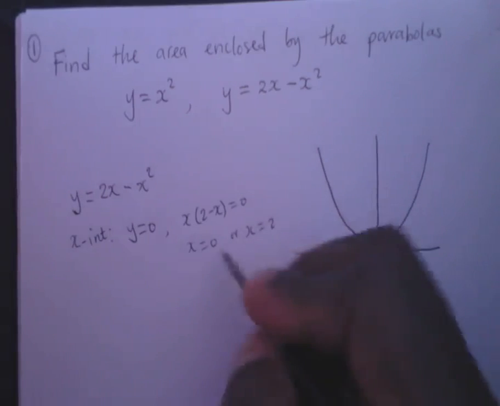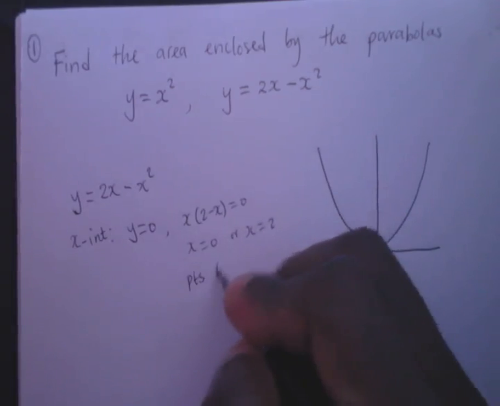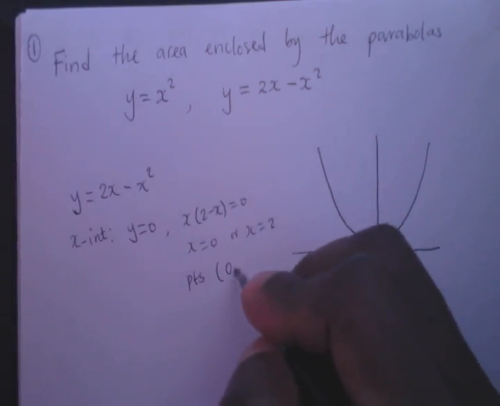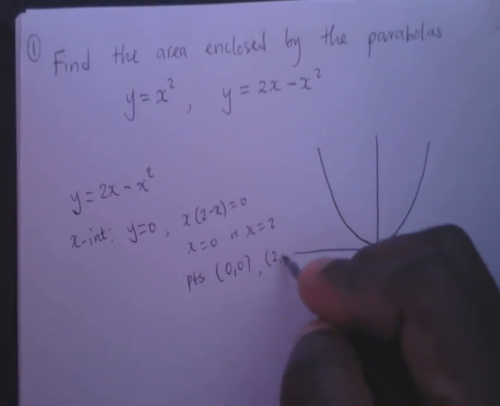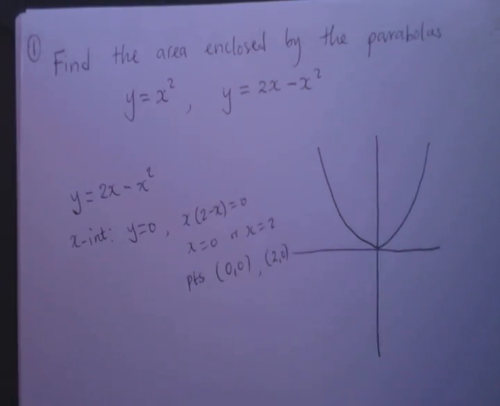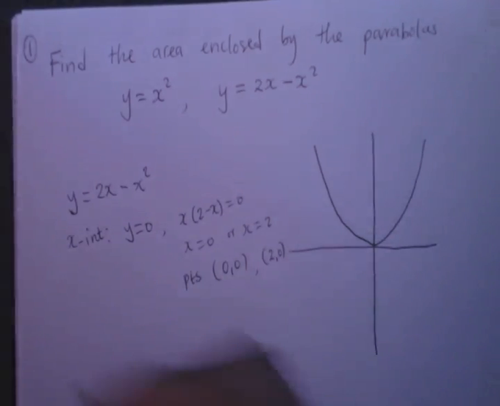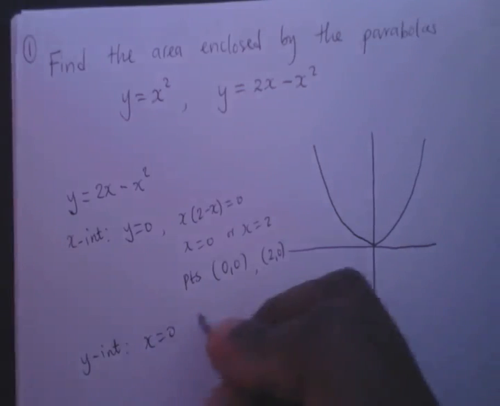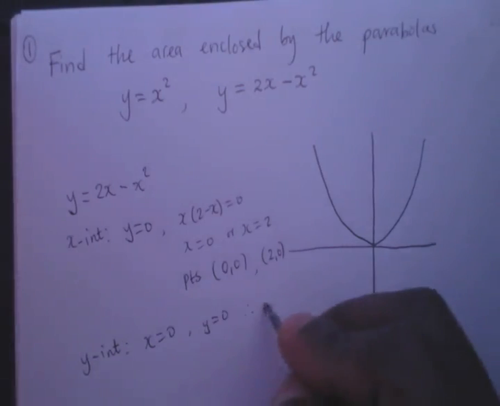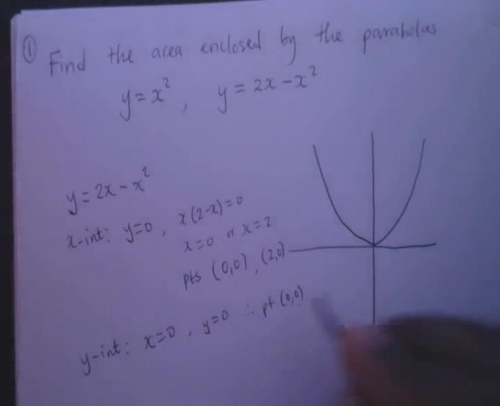Alright, and the points that you're going to get are (0, 0) and (2, 0). Those are the two points. And if you do the y-intercept, it means set x equals 0. If you set x to 0, obviously y is just going to be 0. Therefore, the point is just the origin.